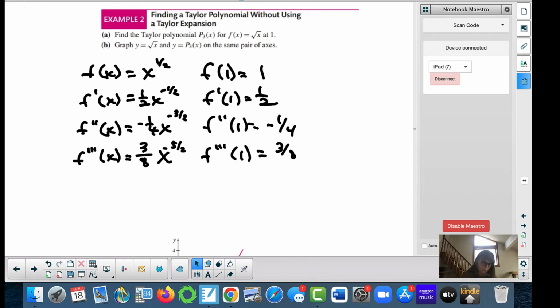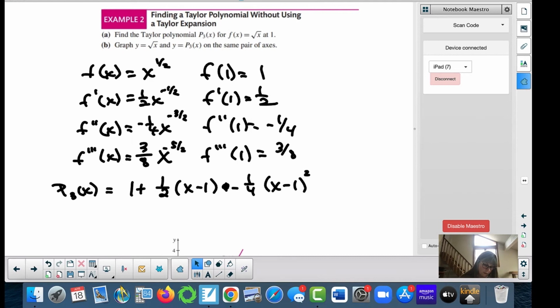So my polynomial, we use f of 1, which is 1, and then we use the f prime of 1 value times x minus c over 1 factorial, which is just 1. Then we use the second derivative value, I'm going to make that a minus, x minus c squared over 2 factorial, which is just 2.